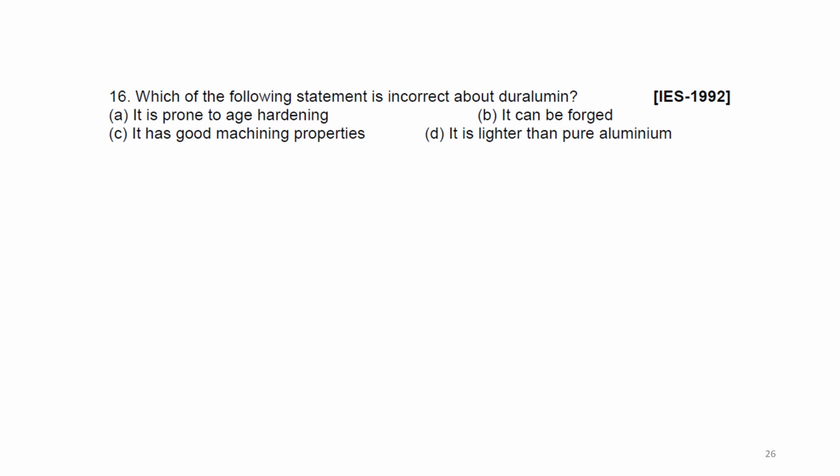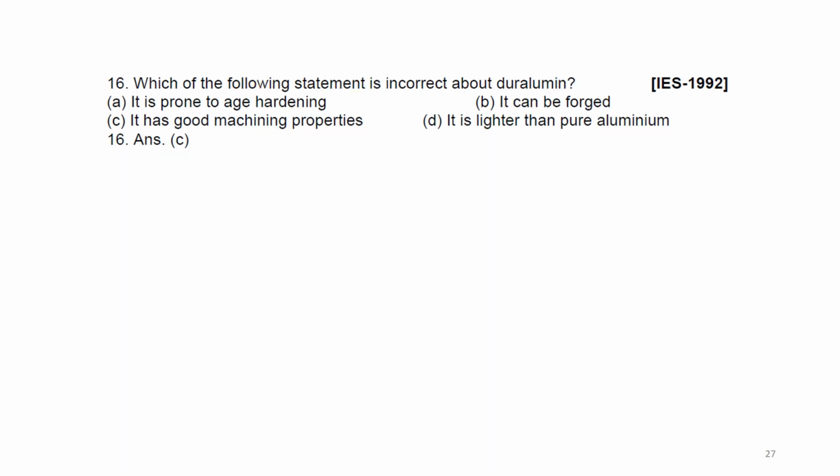Next, which of the following statements is incorrect about duralumin? It is prone to age hardening. It can be forged. It has good machining properties. It is lighter than pure aluminum. So it is actually the good machining properties statement that is incorrect, since they're asking about incorrect.